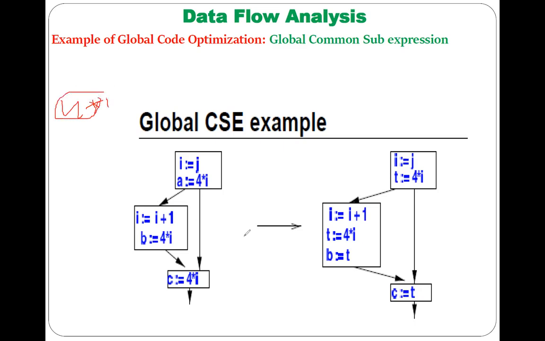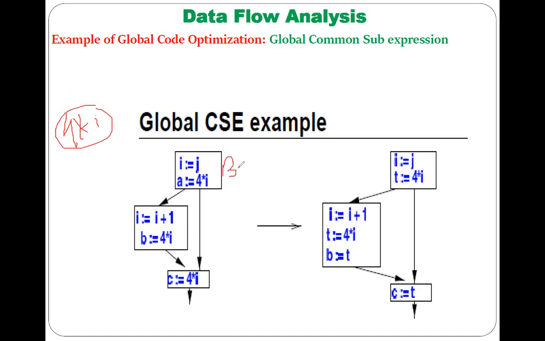And at which point is it available? Suppose this is B1, this is B2, and this is B3. Let's see here. Can you tell me whether 4 into I is available at both the basic blocks B2 and B3?